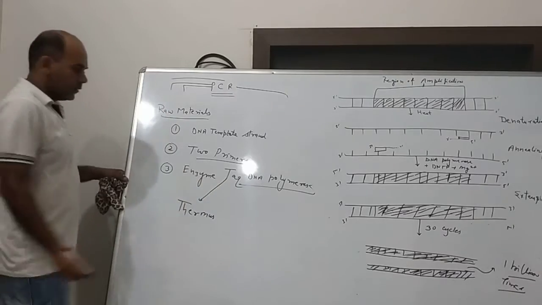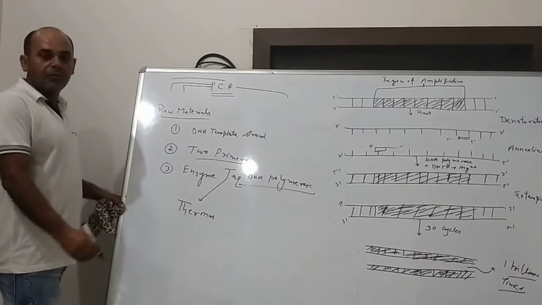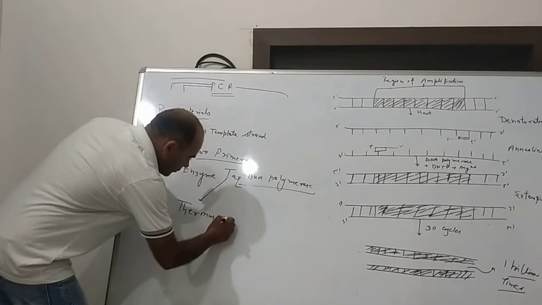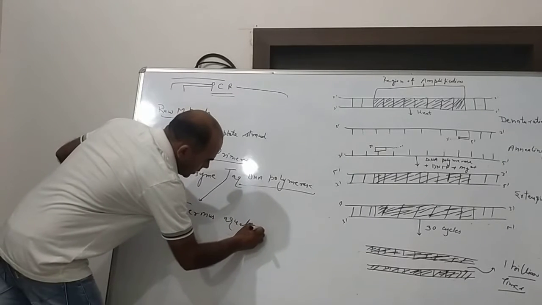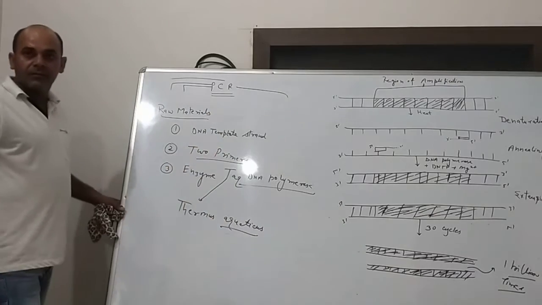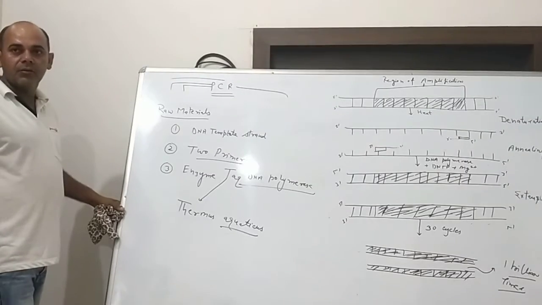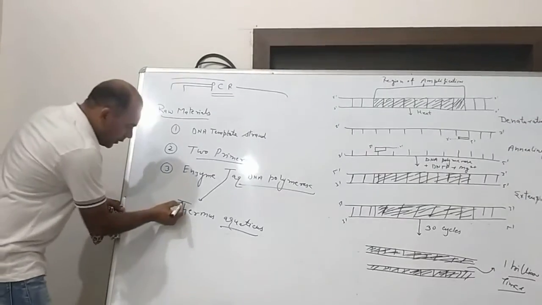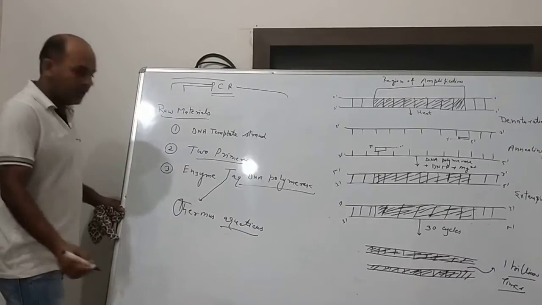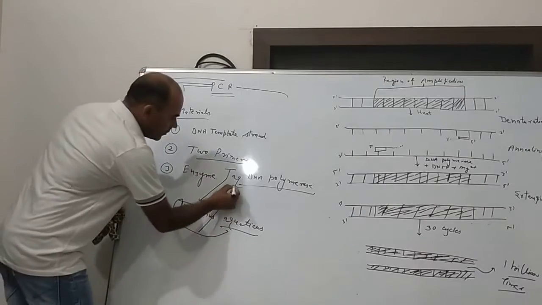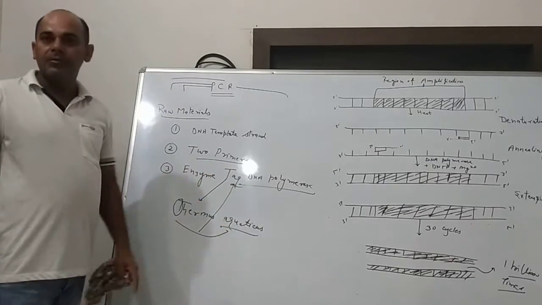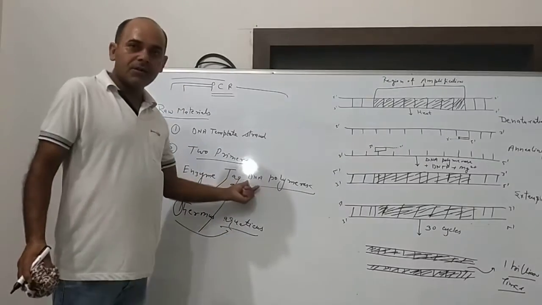Thermus. A-Q, it comes from aquaticus. A-Q-U-A-T-I-C-U-S, aquaticus. In shortcut, we take T from here, and we take A and Q. In short, you can say this is called Taq. For which purpose?